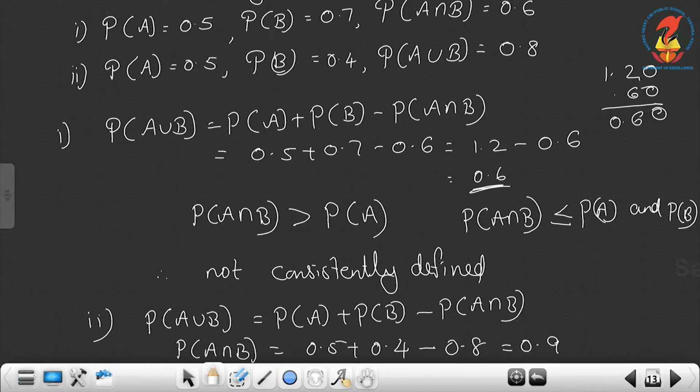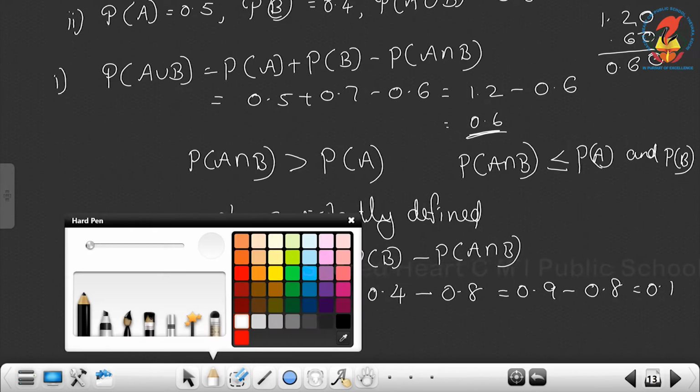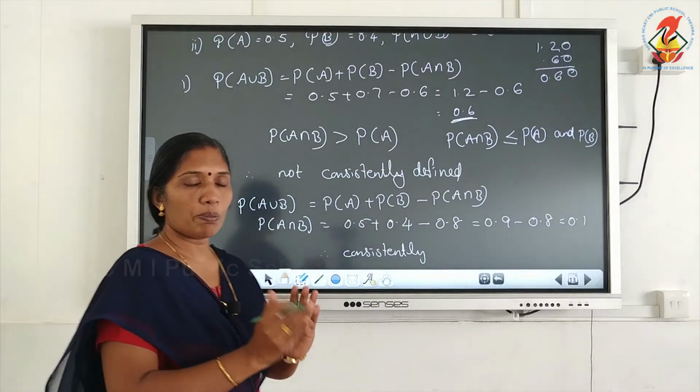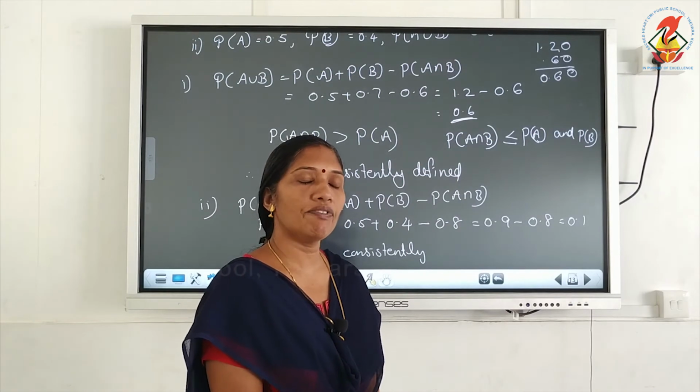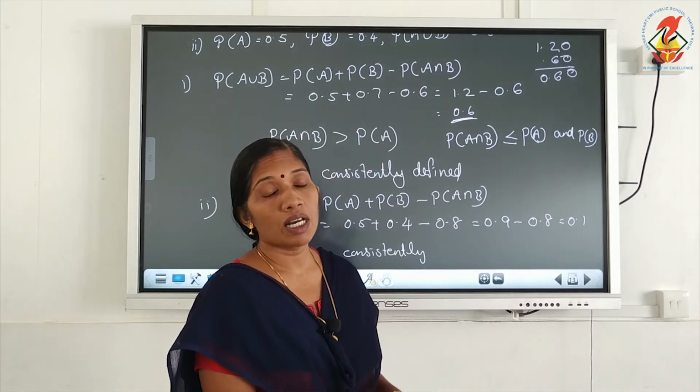That is 0.9 minus 0.8. So that is okay, 0.1. So the second one is consistently defined. Since we get a proper value, not a negative value, it is fine. But in the first case, P of A intersection B is more than P of A, that is not possible.